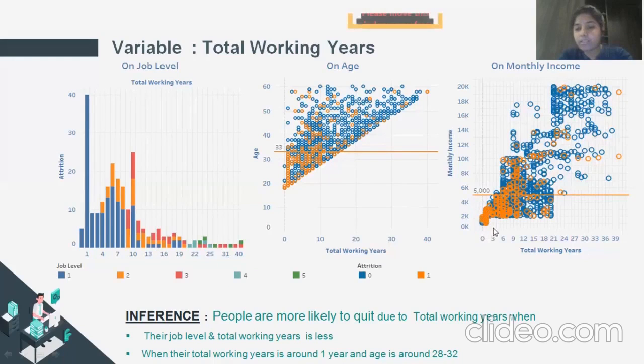We can see the cluster which is formed from 0 to 3 years of total working years. So from all these inferences, we can conclude that total working years can be an affecting variable for attrition, and employees are more likely to quit at 1 year of their work experience due to lower monthly income as well as lower age level.